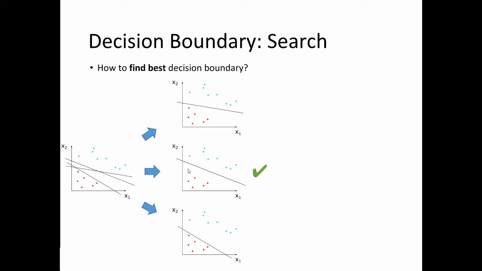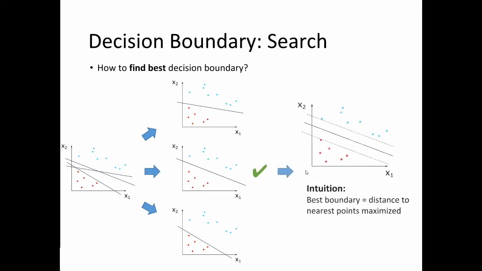If we look at the difference between the second decision boundary and the other two, we feel that the second one seems to have maximized the space between the decision boundary and the two sample groups. So this is our intuition, and actually that's the intuition of SVM. SVM states that the best boundary is the one that maximizes the distance between the nearest points to the decision boundary.